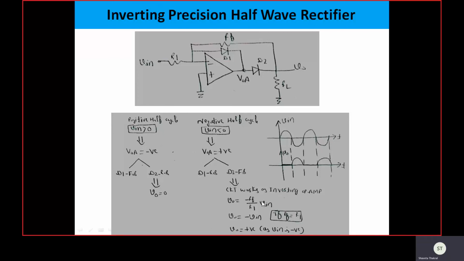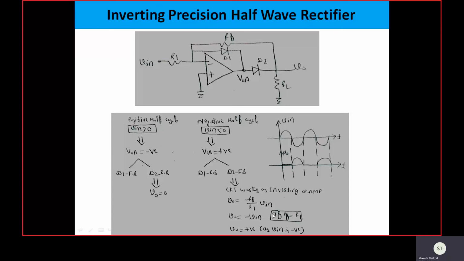In the inverting operational amplifier, we know that the gain is minus RF divided by R1. So what is the output voltage in terms of input voltage? Output is gain times input voltage, so we get output voltage as minus RF divided by R1 into Vin.